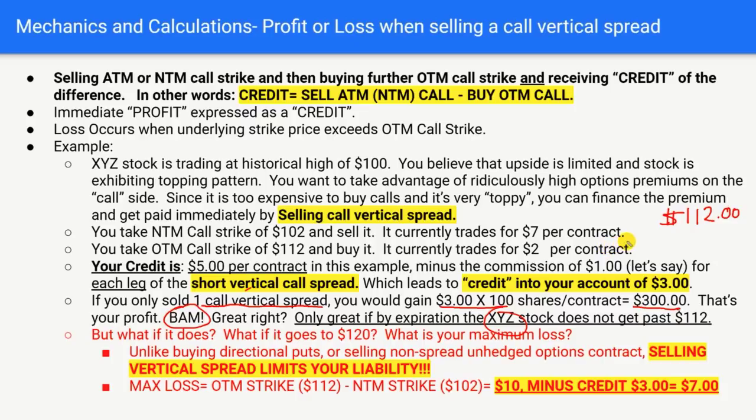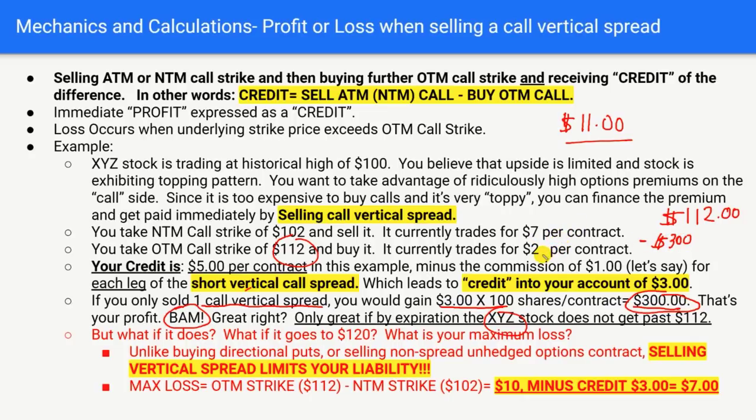Okay. So what happens if XYZ stock exceeds 112 by expiration? Well, you still get to keep the $300, but at that point, 112 is going to trade at $11 on the expiration date, for example. That means it blows out your $300, but because you have this 112 call protecting you, your maximum loss is limited.